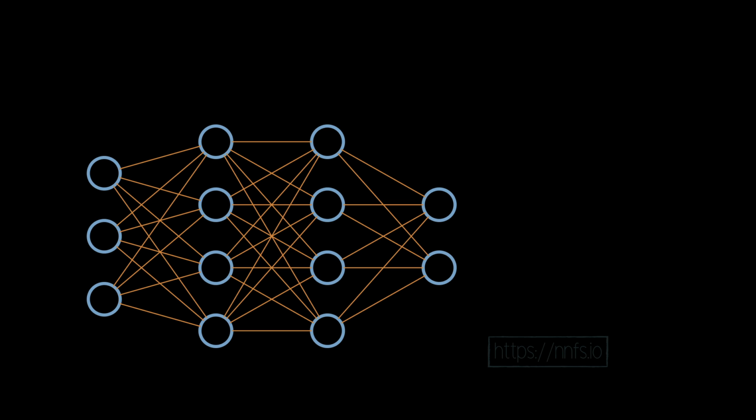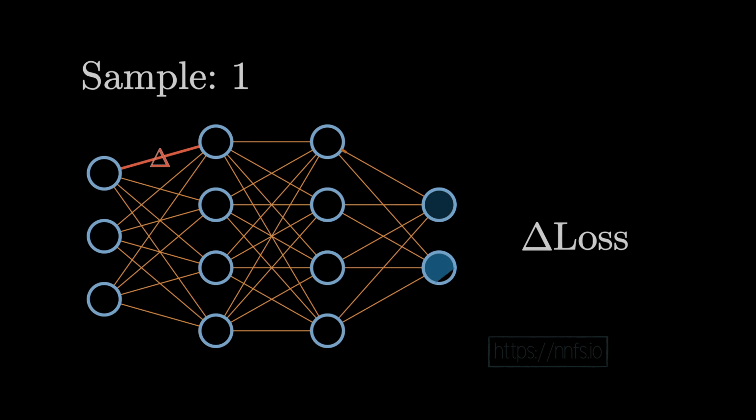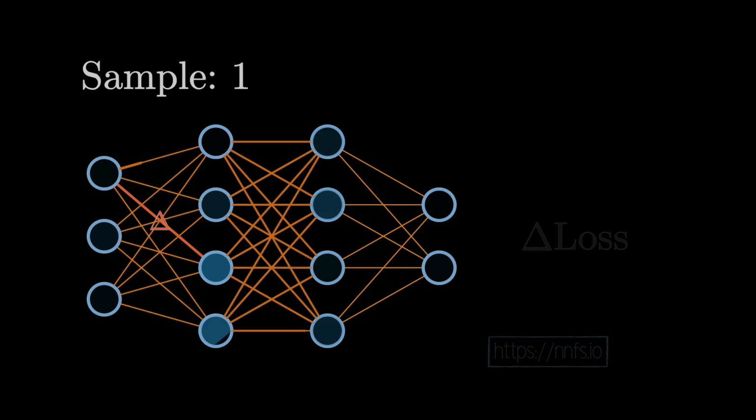This is because, for each sample, we'll do a forward pass calculating the loss at the end. Then, for each weight and bias individually, one at a time, we'll add that small delta, do another forward pass, calculating the loss again. Then we'd revert that parameter back to the original state, choose a new one, add the delta, repeat the forward pass, and continue this for every single weight and bias in the network.